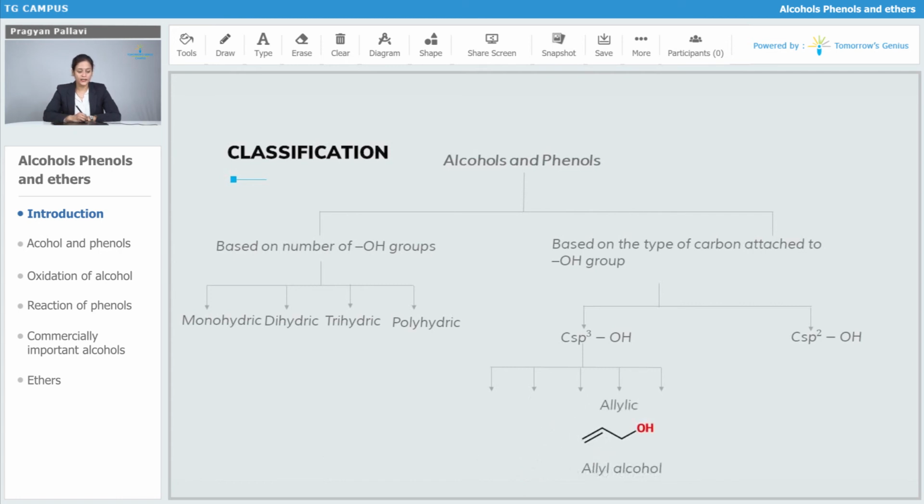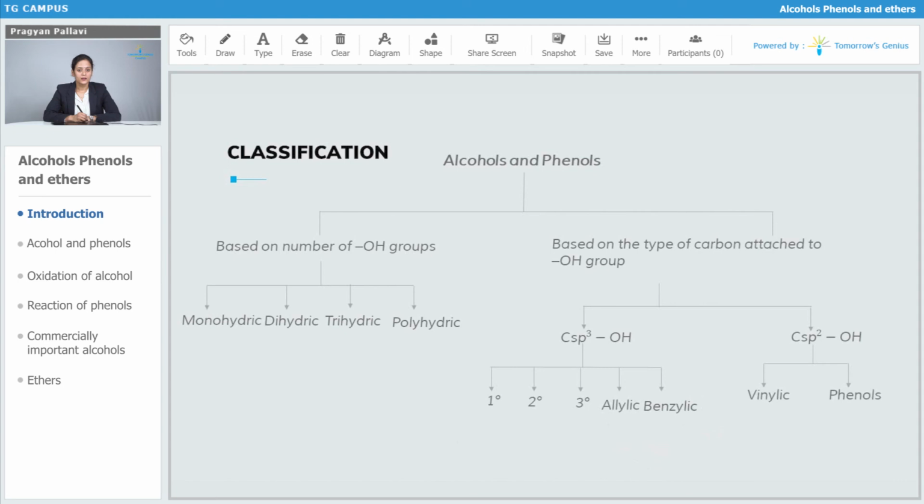In the case of allylic alcohol, we have a C double bond C, and there we have this sp3 carbon, and to this sp3 carbon the hydroxyl group is attached. Such type of alcohol is called allylic alcohol. And in the case of benzylic alcohol, we have benzene with CH2OH attached. Such alcohols are called benzylic alcohols.